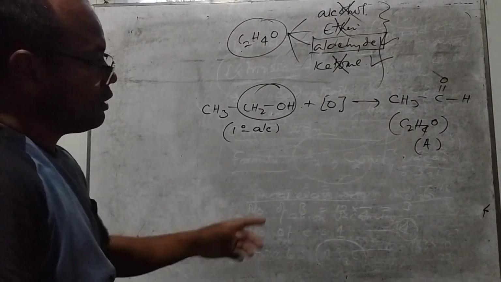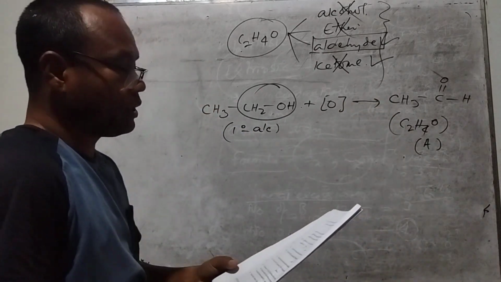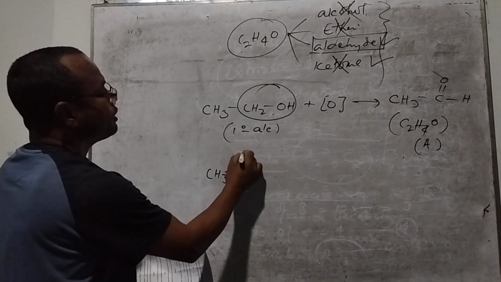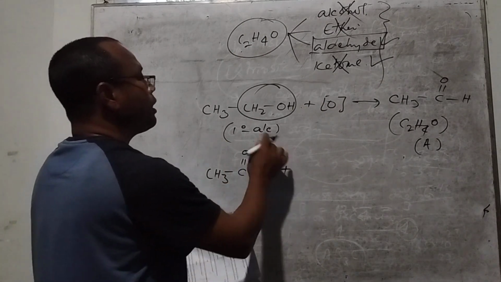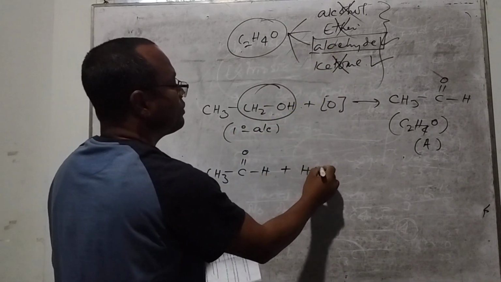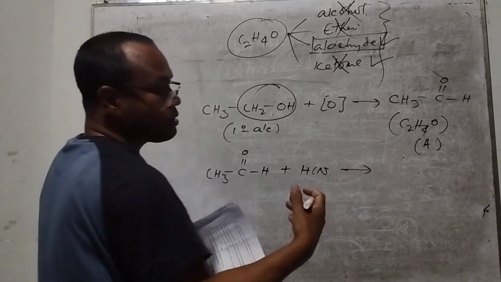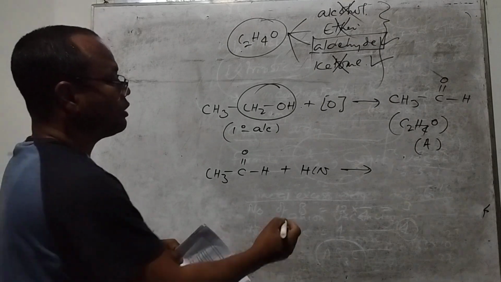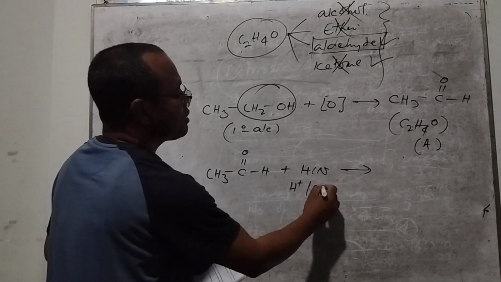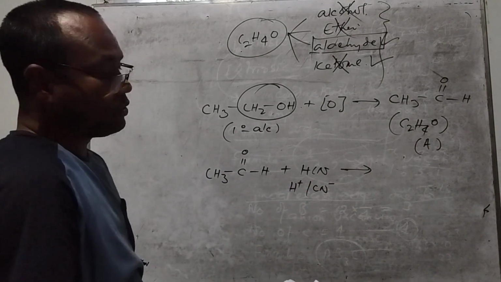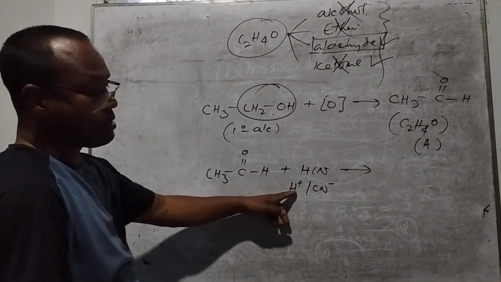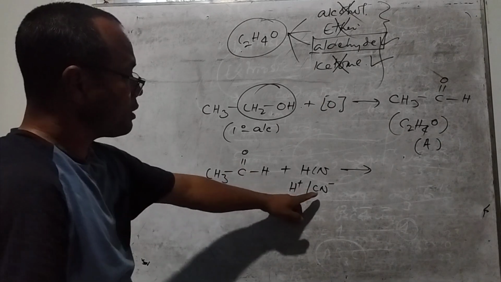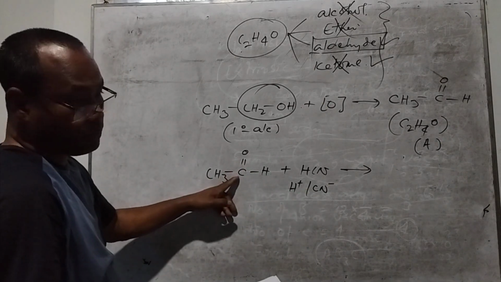Number 2: if this compound reacts with hydrogen cyanide, as we learn in organic chemistry, when an aldehyde or ketone reacts with hydrogen cyanide, the type of reaction is nucleophilic addition. Here one is H plus, another is CN minus. The H plus combines with the oxygen, the double bond becomes a single bond, and the CN minus bonds with the carbon.